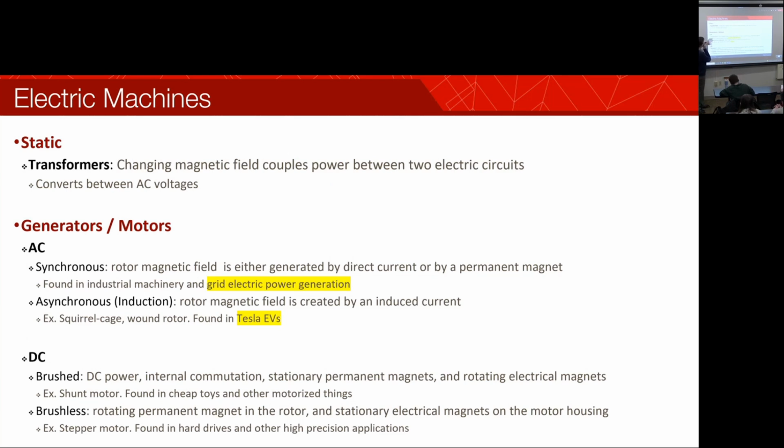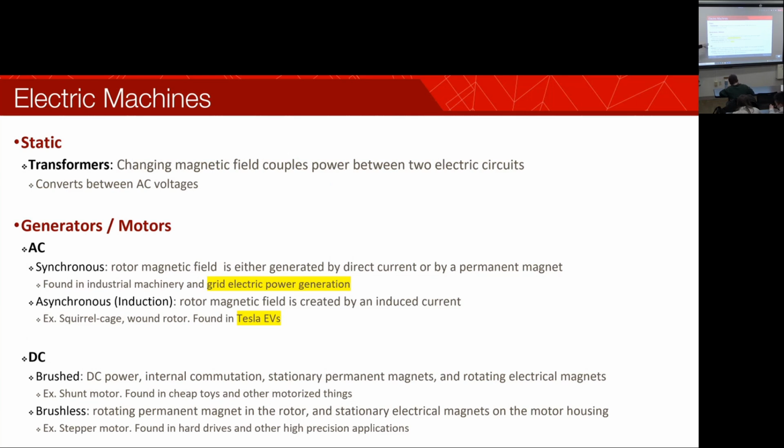Then generators and motors are opposites of each other. One converts mechanical energy to electric energy. Is that a generator or a motor? Mechanical energy to electric energy. Generator. And a motor converts electric energy to mechanical energy. The operating principles are pretty much the same. We'll see that in just a second.